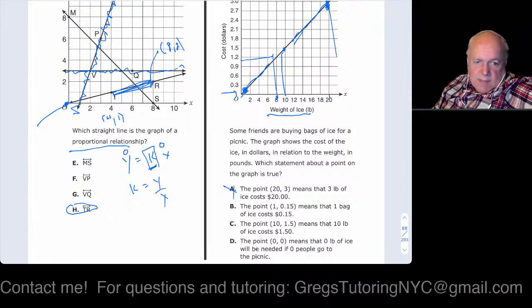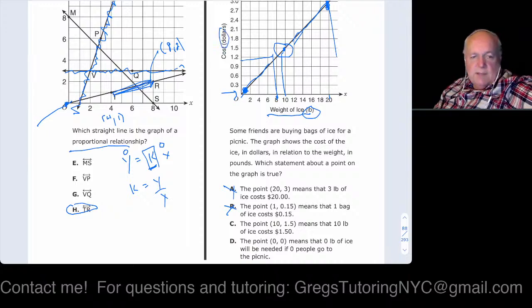So no, it's not 1 bag, it's 1 pound, so B is out. C, the point 10, 1.5, which is the one I've been talking about, so I'm going to just circle it here, means that 10 pounds of ice, yes, costs $1.50. Dollars, yes. Okay, so it's definitely C.